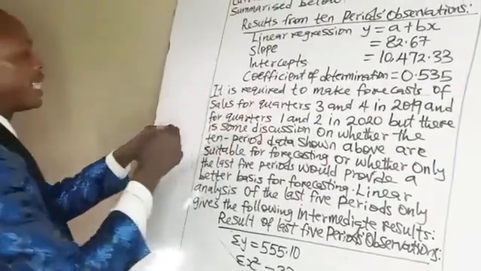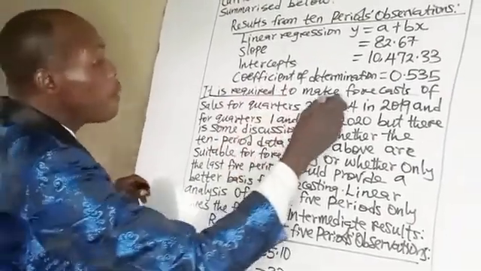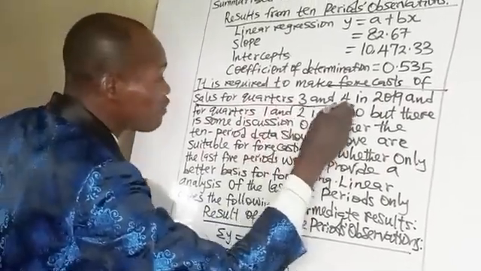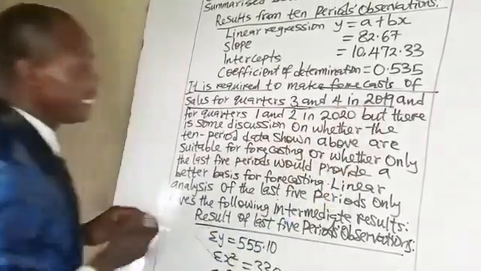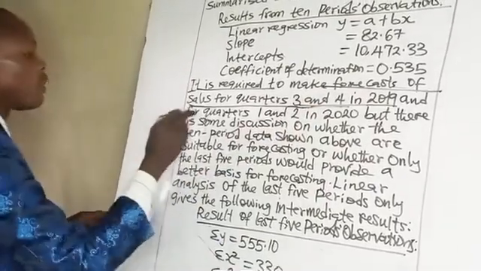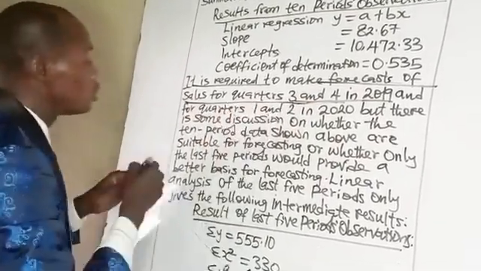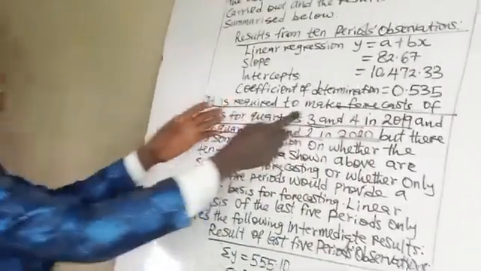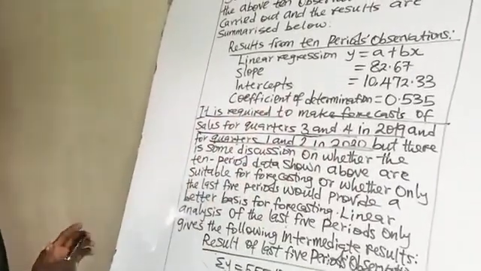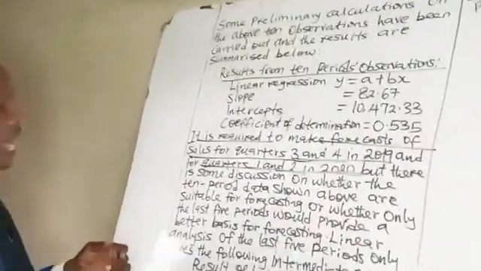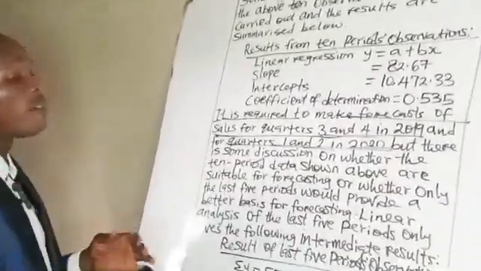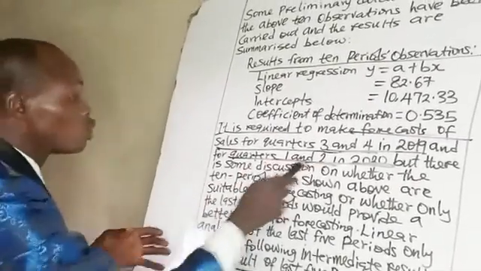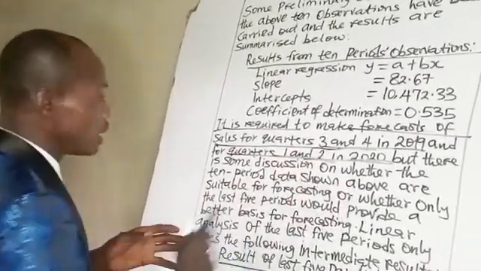Sales of quarters 3 and 4 in 2019 and quarters 1 and 2 in 2020. So quarter 3 and quarter 4 of 2019, and quarter 1 and 2 of year 2020.